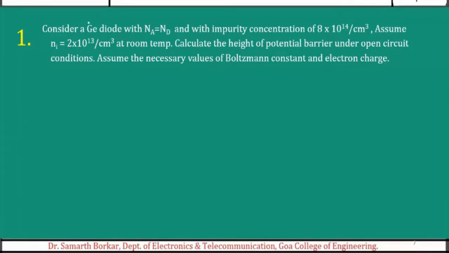Now, here, this germanium problem is providing you some information. If it is silicon, the built-in potential is 0.7 volt. If it is germanium, the built-in potential is near about 0.25 or 0.3 volts.